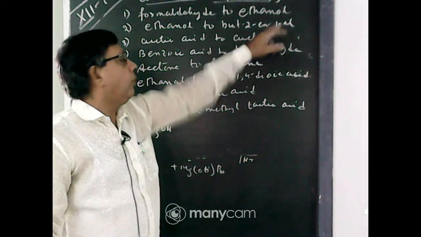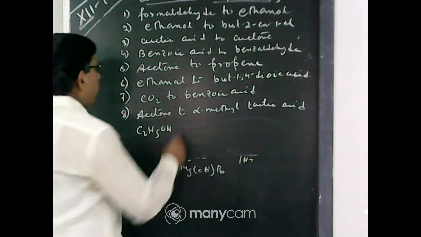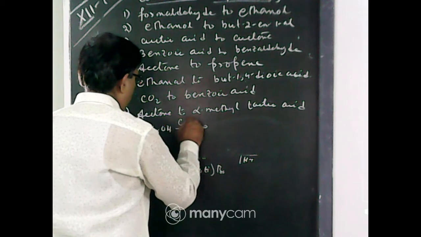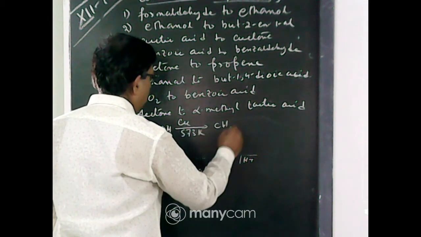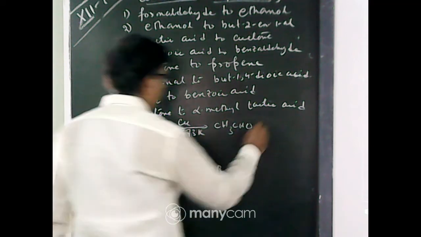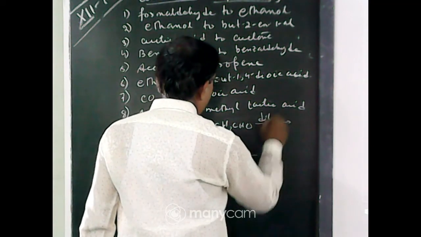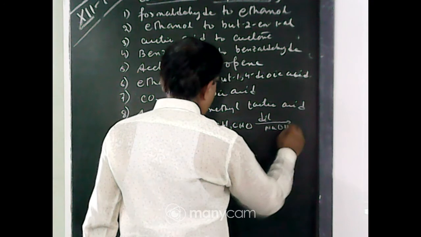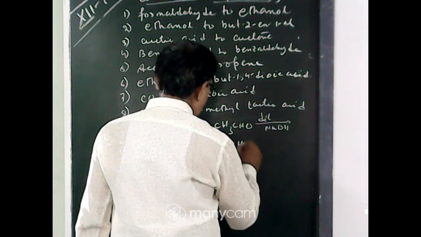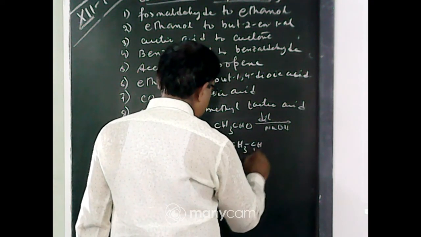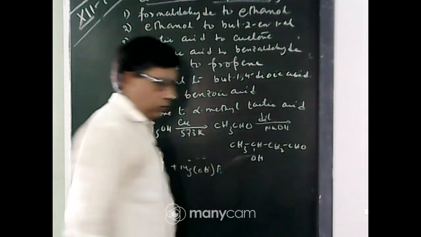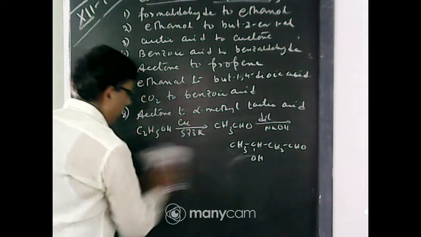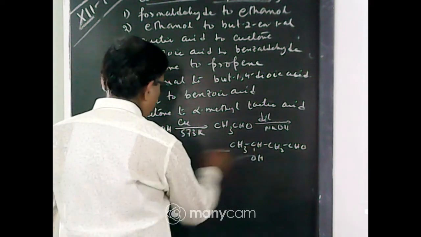Since it is an aldol product, you first convert ethanol into aldehyde. Copper at 573 Kelvin forms aldehyde CH3CHO. Now treat with dilute NaOH, aldol condensation. Two molecules condense to form CH3CHOHCH2CHO, 3-hydroxybutanal, the aldol.